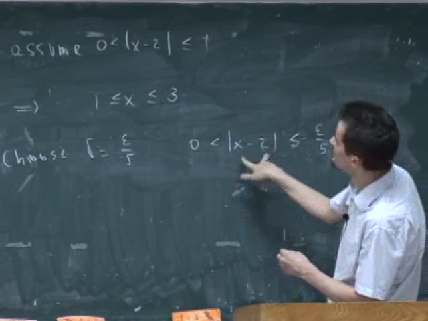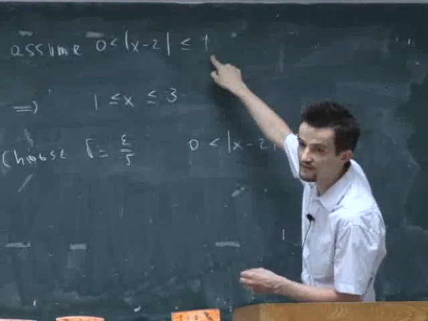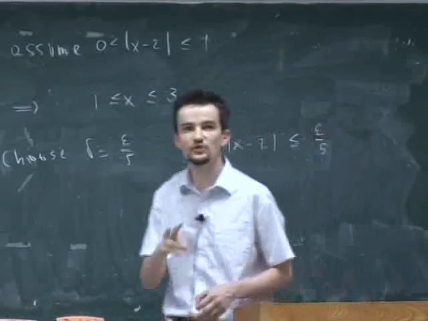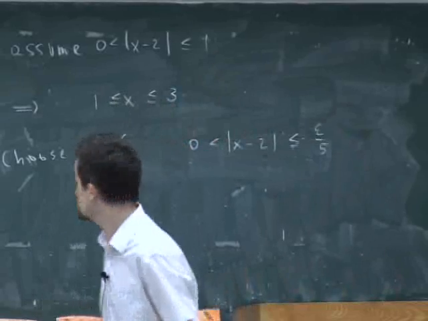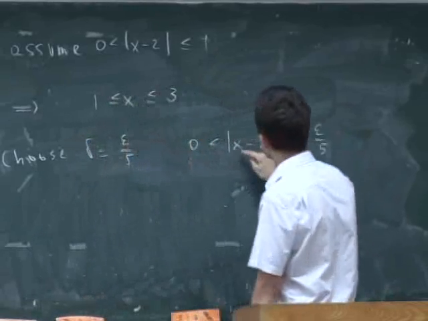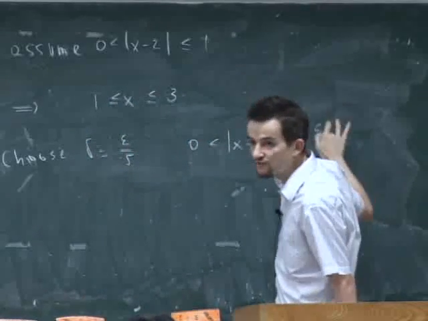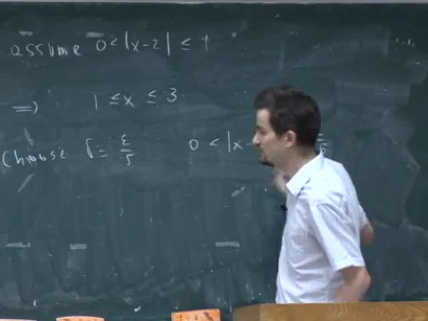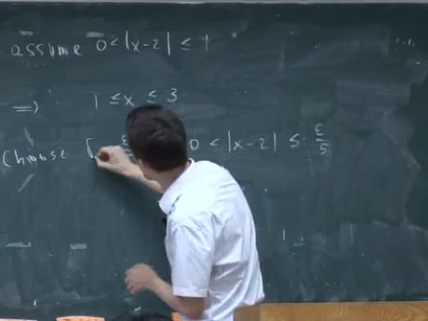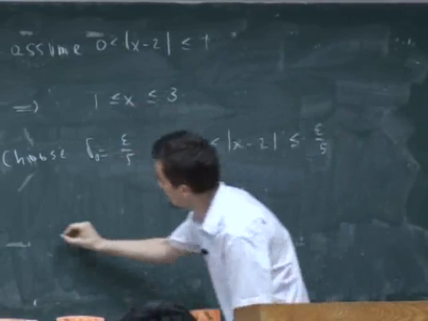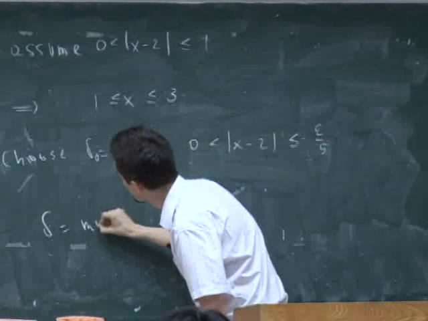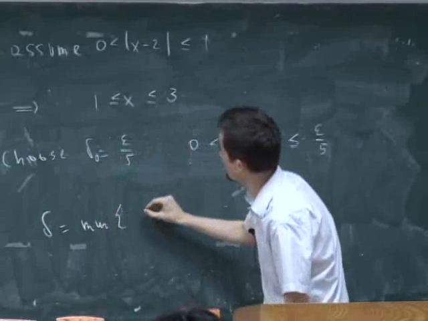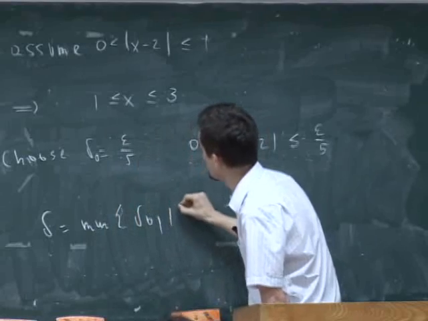But for this distance, we now have 2 conditions, this and this one. You have to make sure that both conditions are satisfied. So you just have to assume that the distance is smaller equal than the minimum of those 2. So call this delta 0. Our right delta will be the minimum of delta 0 and 1.